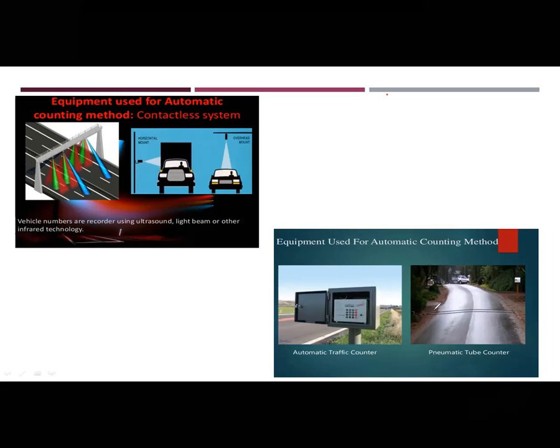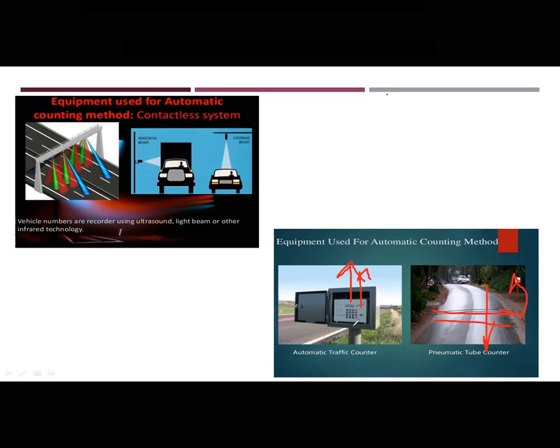In a pneumatic method, sensors are laid on the road, and when any vehicle crosses that sensor, by using its weight, the counting machine counts one. In an automatic counter like infrared, there is one transmitter and one receiver sensor, and when the vehicle moves through, the beam breaks and it is counted as one.